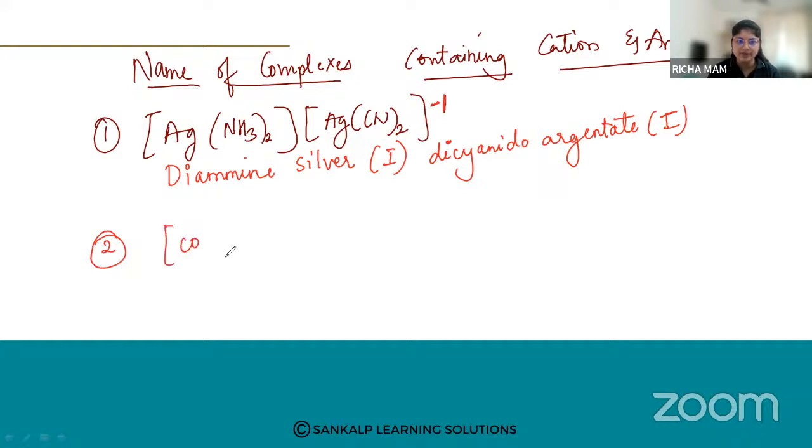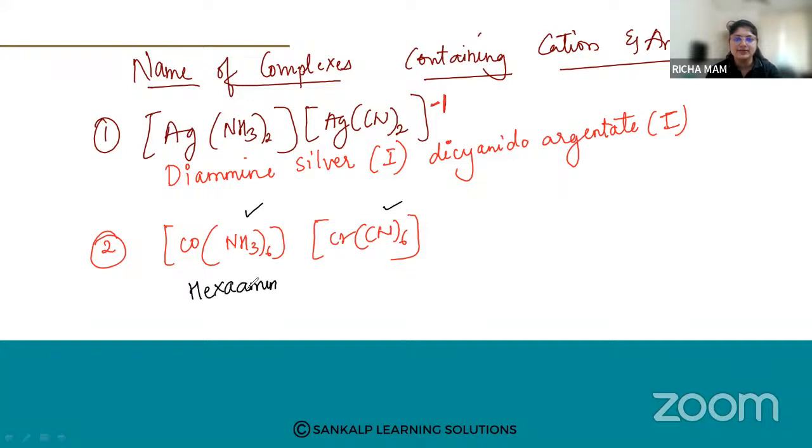One more example: cobalt NH3 6, chromium CN6. Anybody want to try this? So cobalt amino and chromium hexacyano. This is your positive cation and this is your anion. So what will be the name?